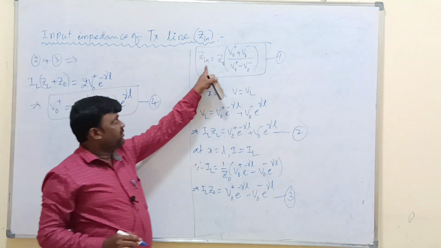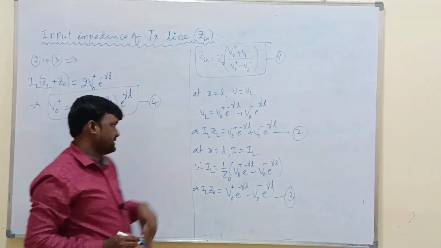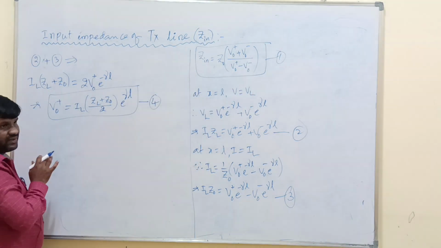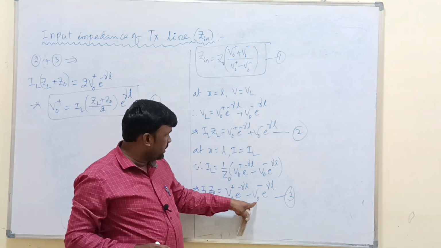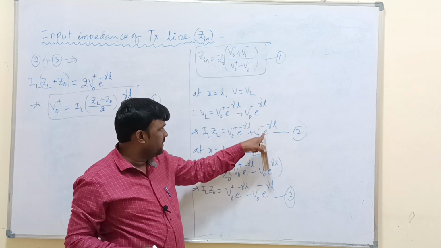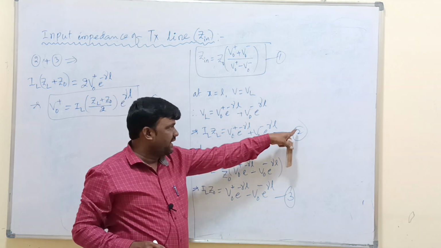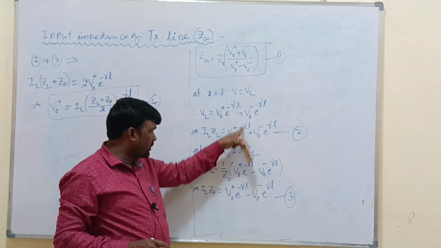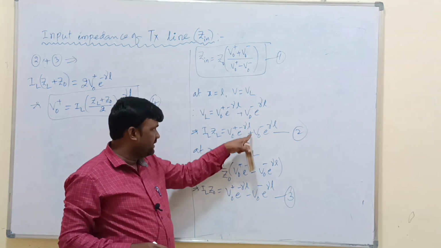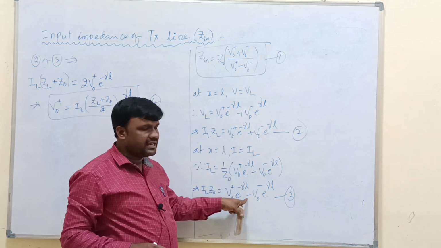To get this ZIN, what you require? V naught plus, V naught minus. V naught plus is over. Now we require V naught minus. What is V naught minus? Here you have V naught minus in equation 3 and here also we have V naught minus. If I take 2 minus 3, then both are the same and cancel as it is minus. Here plus, minus of minus becomes plus.